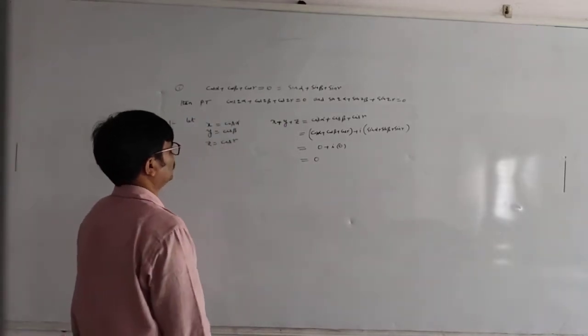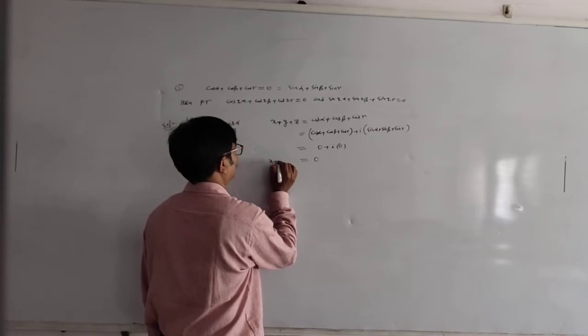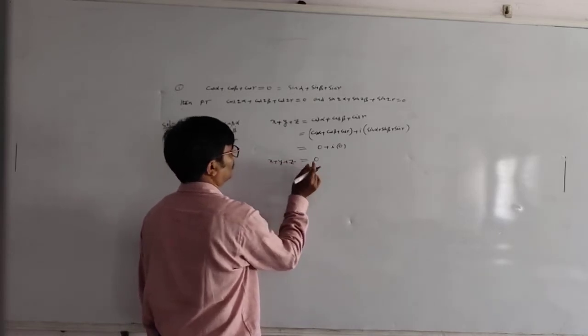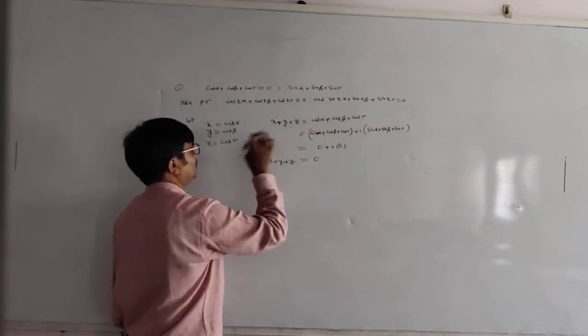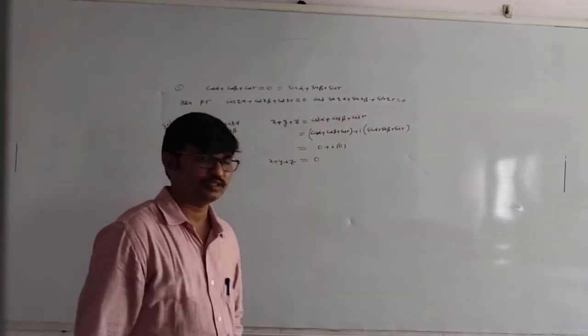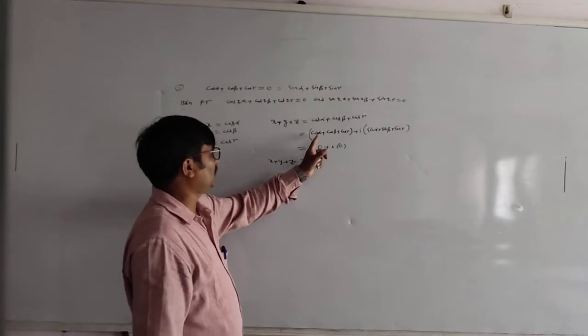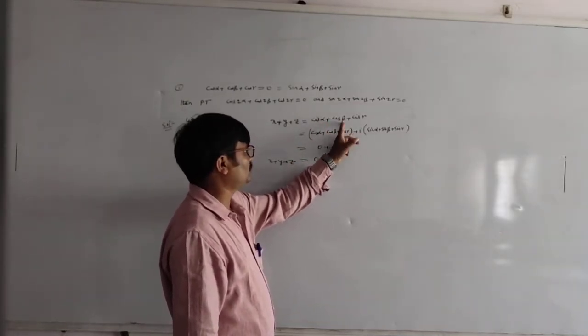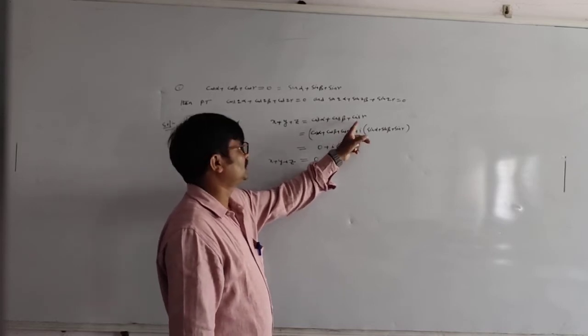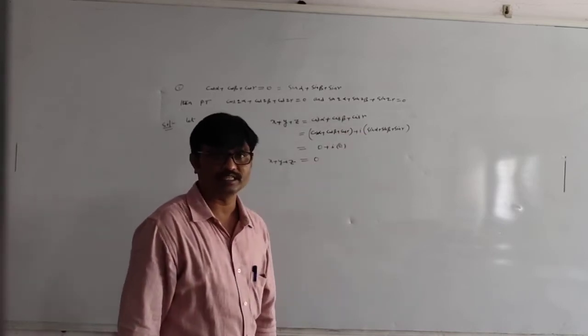So this is x plus y plus z. x is cis alpha, y is cis beta, z is cis gamma. Cis alpha is cos alpha plus i sin alpha, cis beta is cos beta plus i sin beta, cis gamma is cos gamma plus i sin gamma.